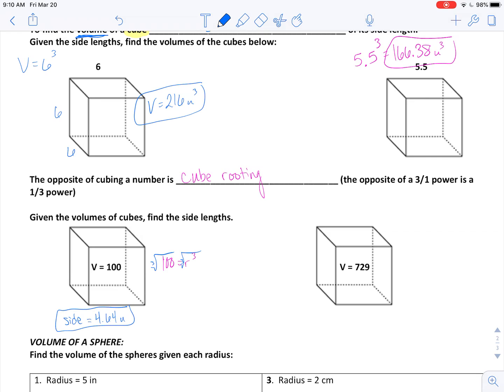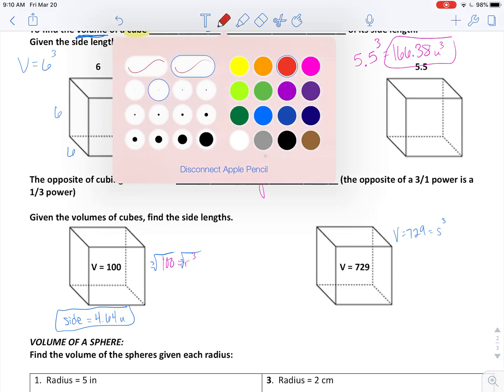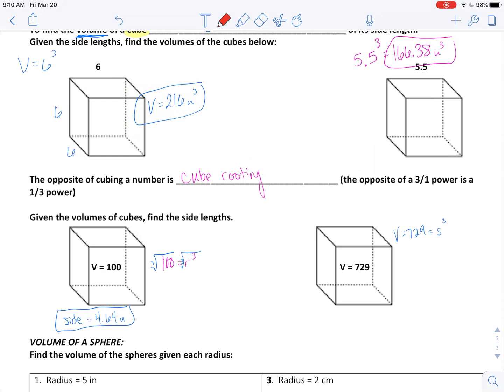Now, why don't you pause the video here and try this next problem. All right, so volume equals 729 equals whatever that side length cubed is. And I want to get the s by itself. So what's the opposite of cubing a number? How do I get rid of cubing a number?